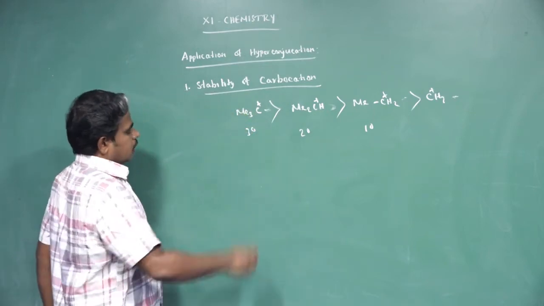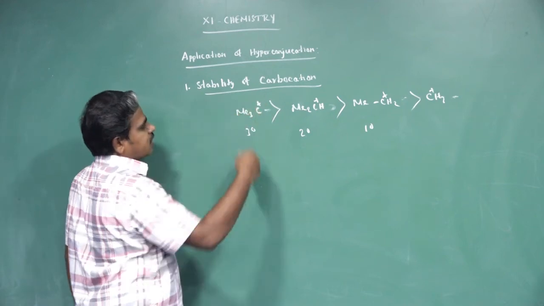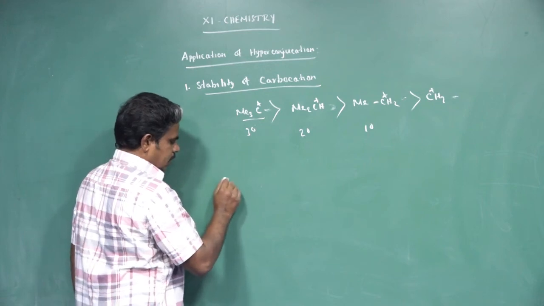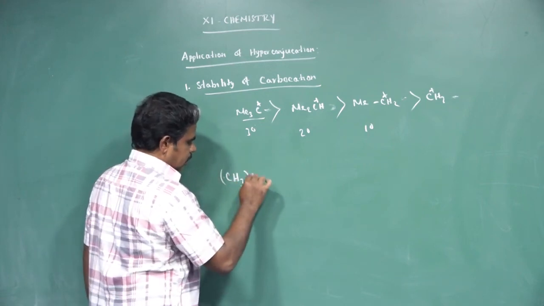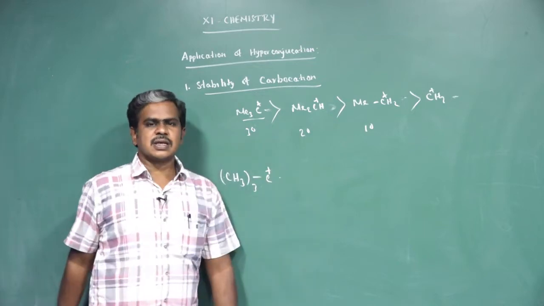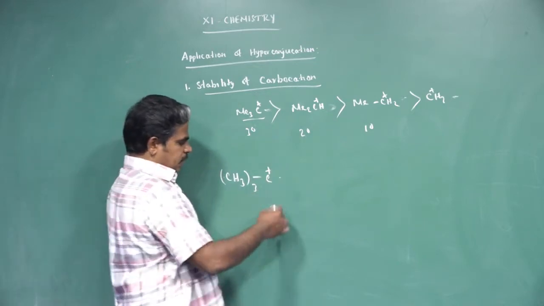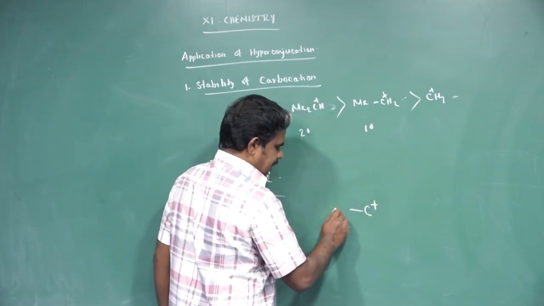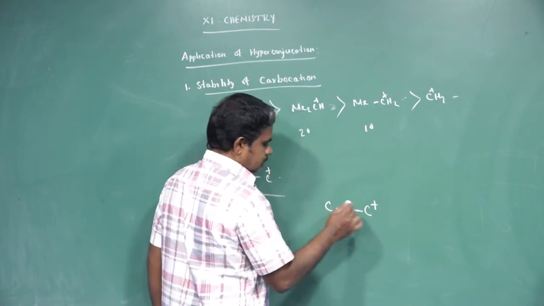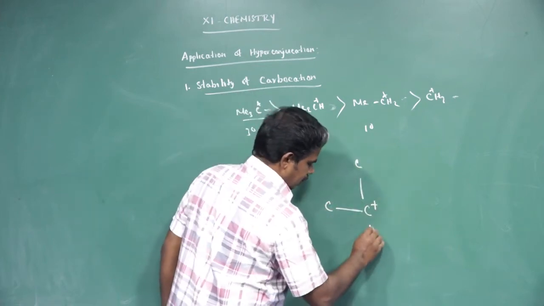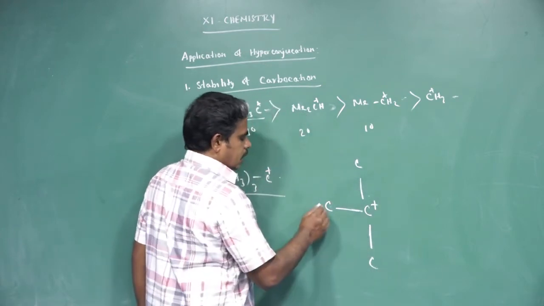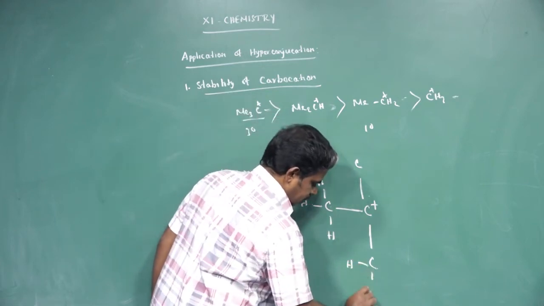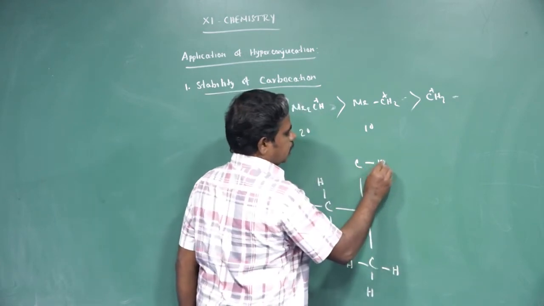Okay, here listen. Here we may explain it with hyperconjugation, and we are taking the tertiary carbocation first. Here it is CH3 thrice C plus. And here the carbocation is attached with carbon, and here there is a carbon, and here there is a carbon. And each is attached with 3 hydrogen.